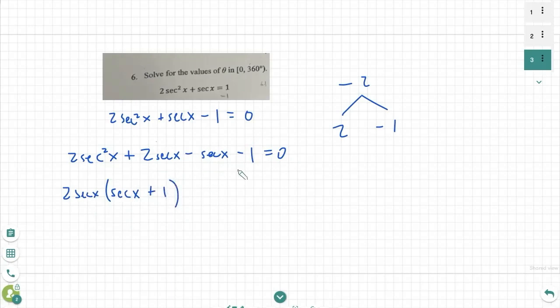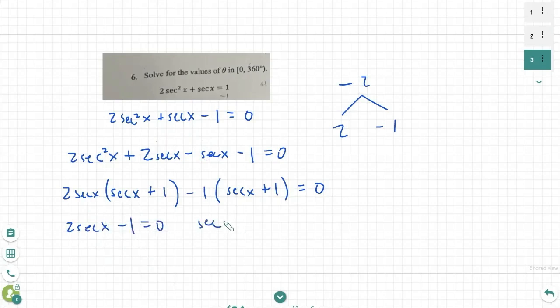And then from the other side you can factor out the -1, then you have secant x plus 1. Okay. Then from there you set the factors equal to 0. So secant x plus 1 equals 0, and then 2 secant x minus 1 equals 0.